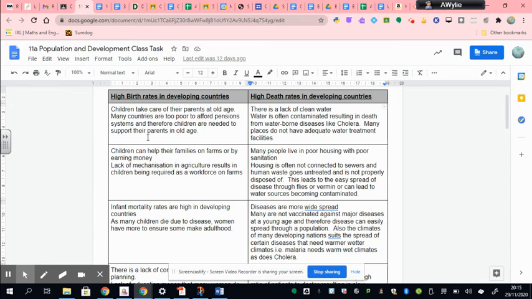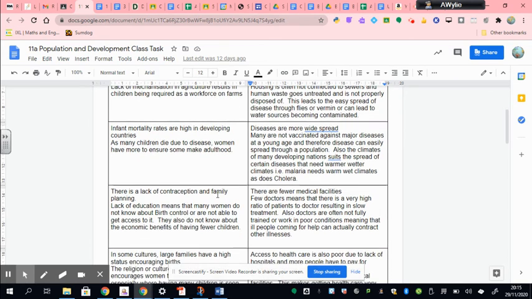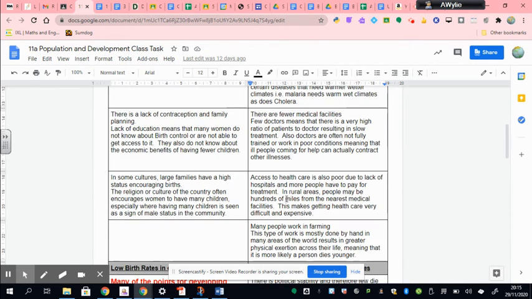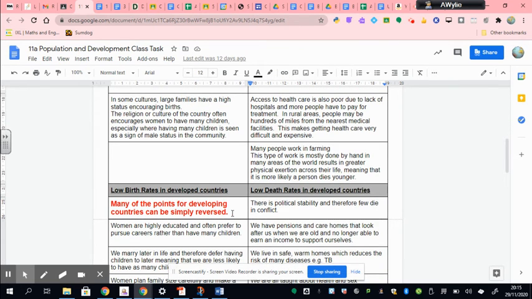Okay, so I'd like you to read down all of these factors that are to do with why birth and death rates are high, and I'd like you to highlight maybe one or two words in each of these boxes using your highlight pen up here. And I have pointed out here, just before you go ahead and do that, that many of the points above can actually be reversed to give you kind of the opposite of the negative.